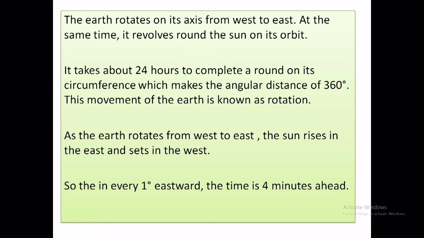Because of this movement of the earth from west to east, for every 1 degree of longitude eastward, the time will be 4 minutes ahead there. I repeat once again, for every 1 degree eastward longitude, 4 minutes of time will be ahead. You have to be clear about this.